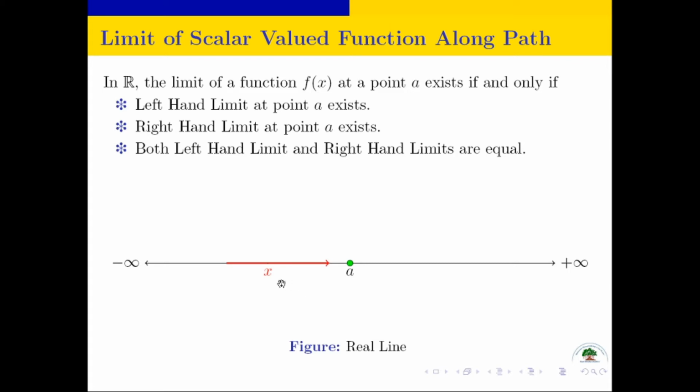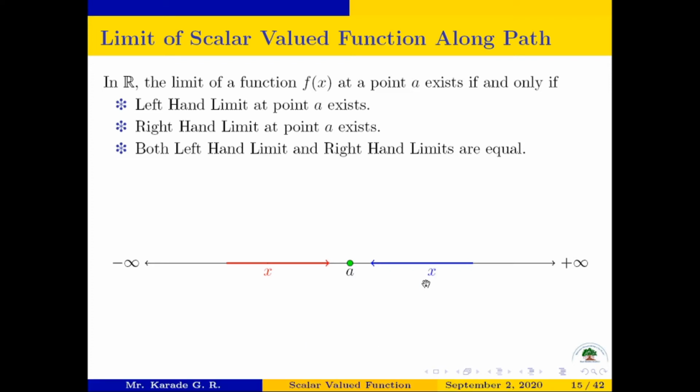Again we find the limit of function f of x when x approaches towards a from the right hand side of a. So there are two ways to approach towards a in case of a real valued function.